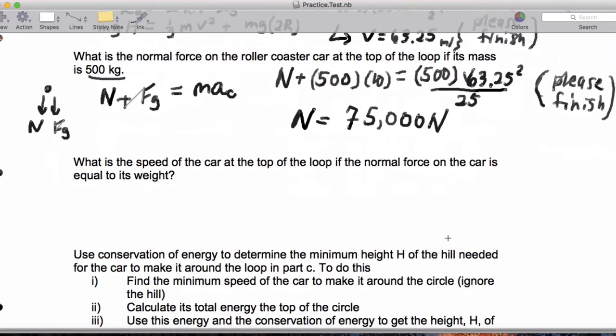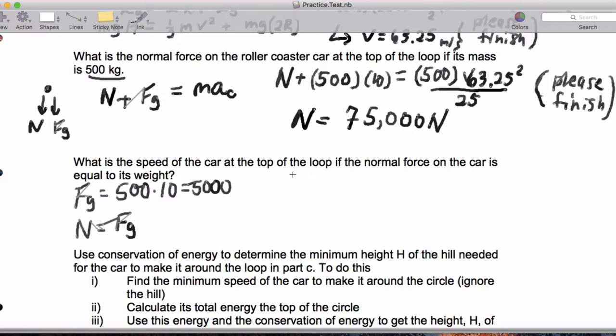All right. Now it says, what is the speed of the car at the top of the loop if the normal force in the car is equal to its weight? So what we'll do for this is we know that the weight is 500 times 10, which is 5,000. So we'll take a similar route. We're going to say that if N also equals Fg, what we're going to end up getting is 5,000 for the weight.